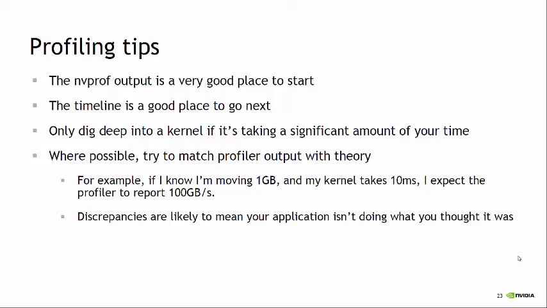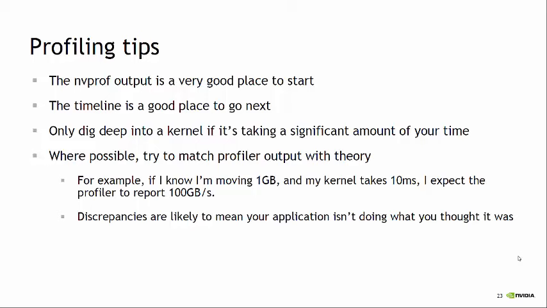I like to, where possible, try to match the profile output with theory. So if I know I'm moving 1 gigabyte of memory from my device memory and back again, and my kernel takes 10 milliseconds, I expect the profiler to tell me I'm moving 100 gigabytes a second.